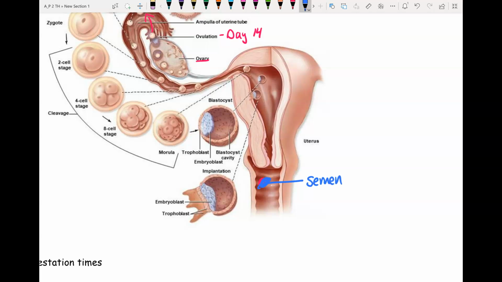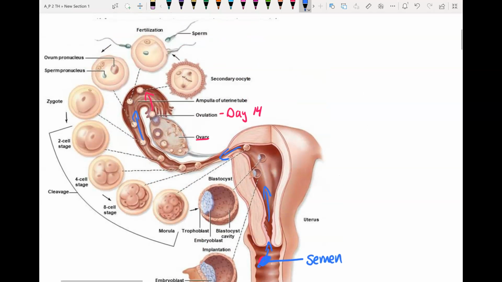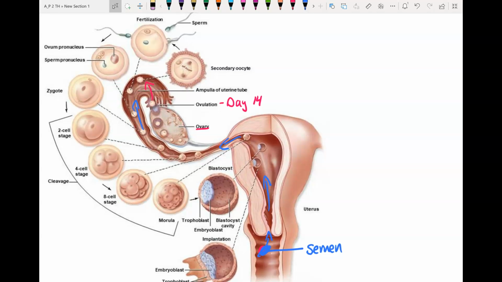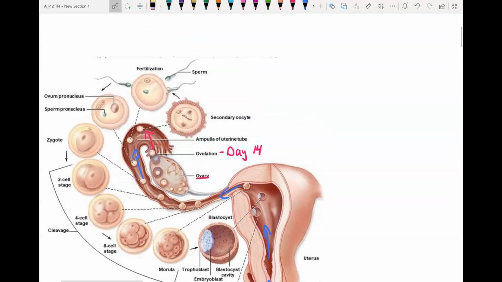The sperm have to swim up through the cervix, through the uterus, into the fallopian tube, and up to this ovulated egg. Then the sperm will find the egg and one will fertilize the egg.